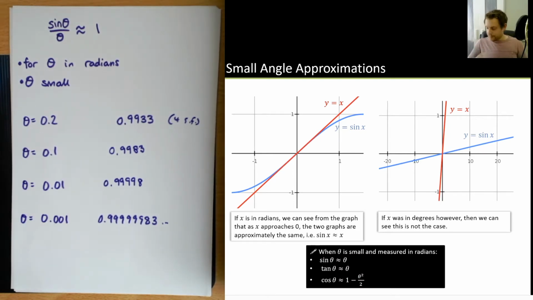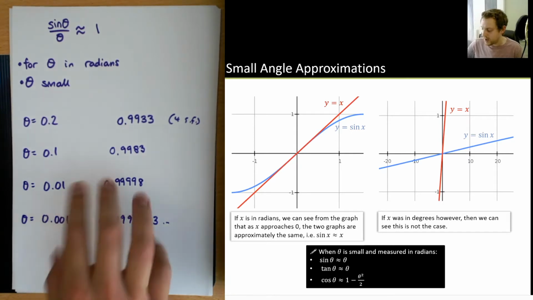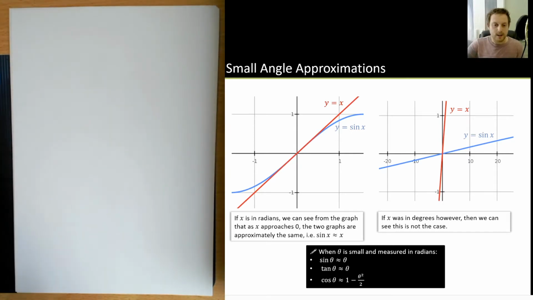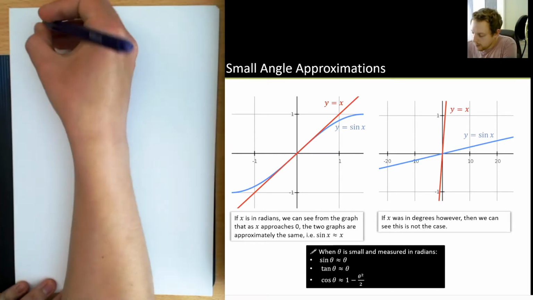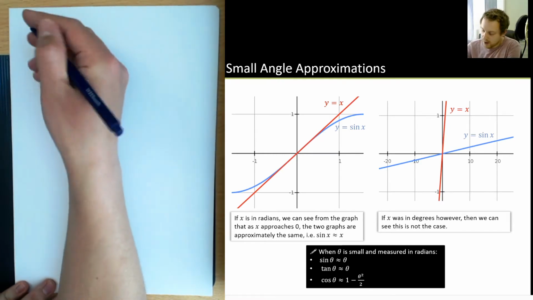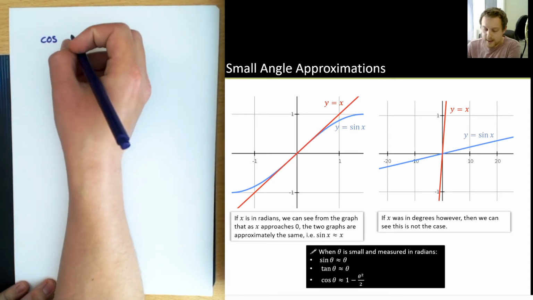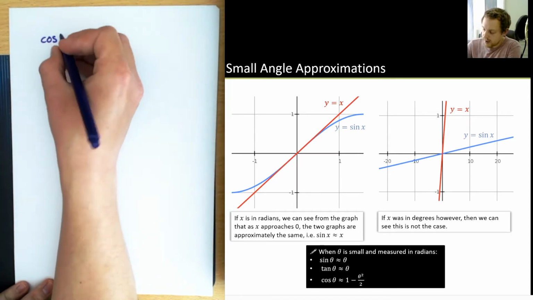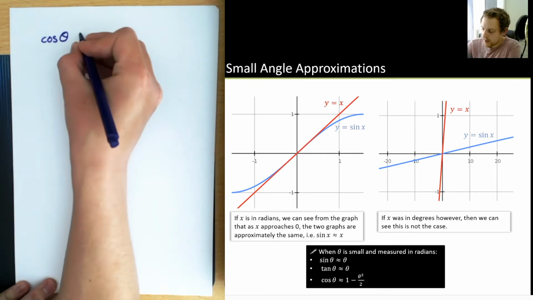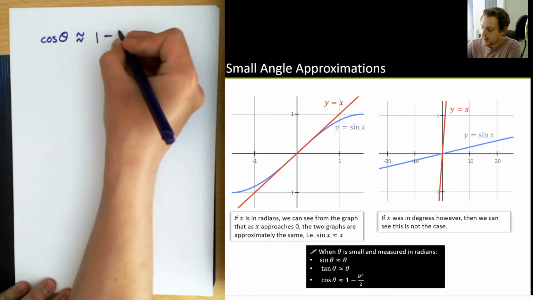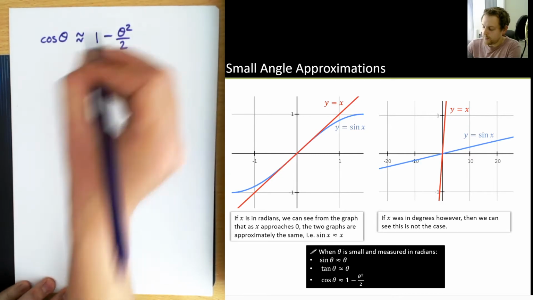So, turns out there's also two other small angle approximations. Now, I won't go into the same amount of detail with cos and with tan, but I'm going to give you a little bit of an argument for the cos one. It's a little bit of a hand wavy argument, which means it's not particularly precise. So cos theta is approximately equal to 1 minus theta squared over 2.